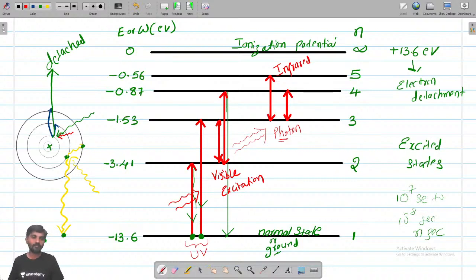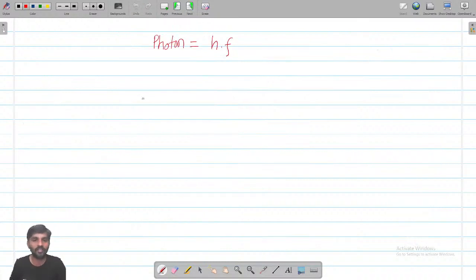So the electron can jump from one state to another state either by an external voltage or external electric field, or whenever you supply some light, it can also go from one state to another. That is generally what we call photon excitation.